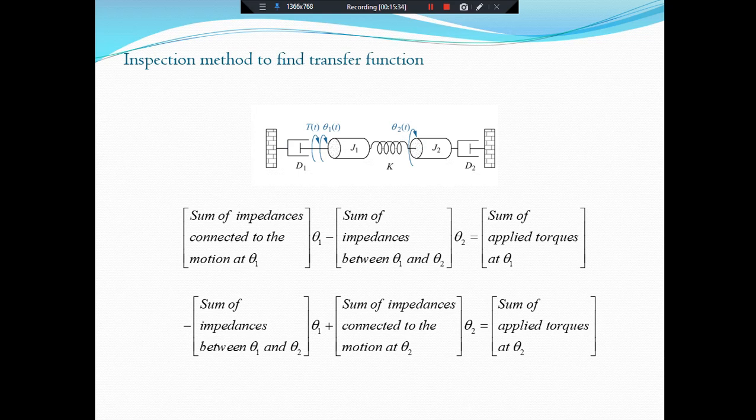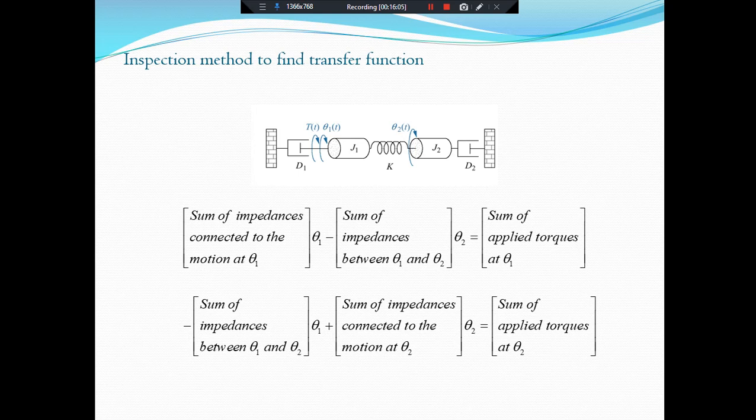First of all, for J1 we will write the sum of impedances connected to the motion of theta 1 into theta 1, minus the sum of impedances between theta 1 and theta 2 into theta 2, and this will be equal to the sum of applied torques at theta 1. Similarly, for J2 we will write minus the sum of impedances between theta 1 and theta 2 into theta 1, plus the sum of impedances connected to the motion of theta 2 into theta 2, equal to the sum of applied torques.